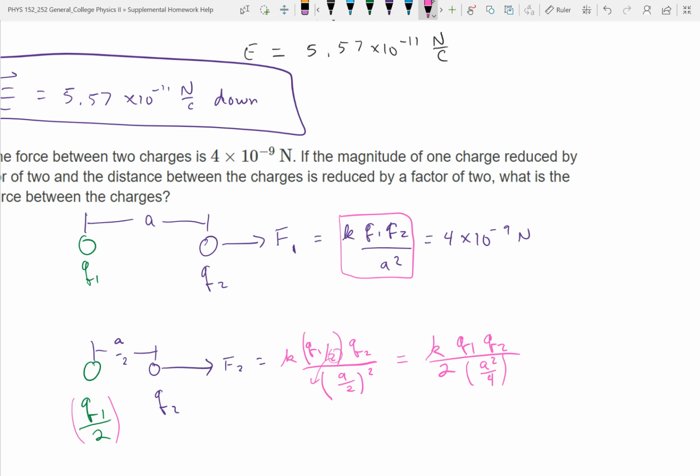Yeah, that makes sense. And so when you have a division of fractions, this is the same as K Q1 Q2 over 2 multiplied by, you invert and multiply, so 4 over A squared. Right, that's how you divide fractions.